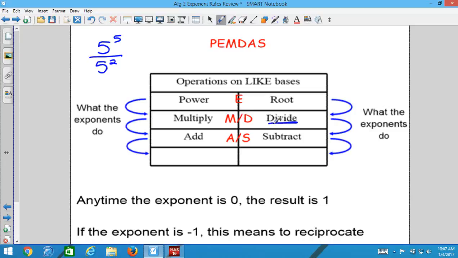The arrow tells you to go subtract. You always do the thing underneath it. So this is in order of operations. You do the thing underneath it to the exponents. So for this, I would do 5 to the 5 minus 2, and that would give me 5 to the 3rd. Okay?